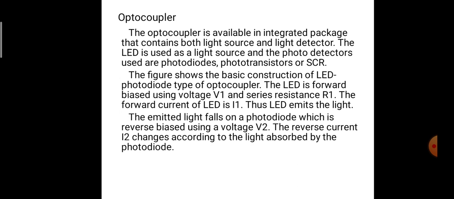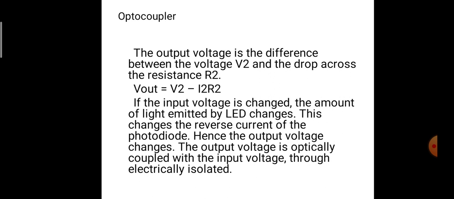The reverse current I2 changes according to the light absorbed by the photodiode. The output voltage is the difference between the voltage V2 and the drop across the resistance R2. Vout equals V2 minus I2 R2.